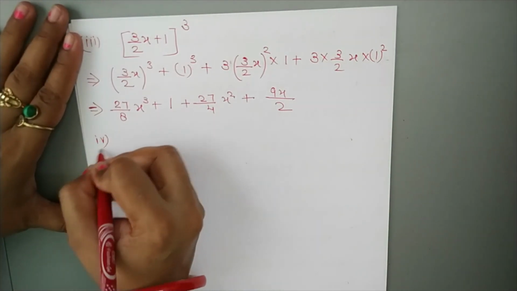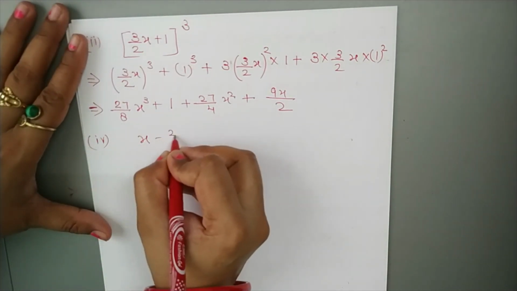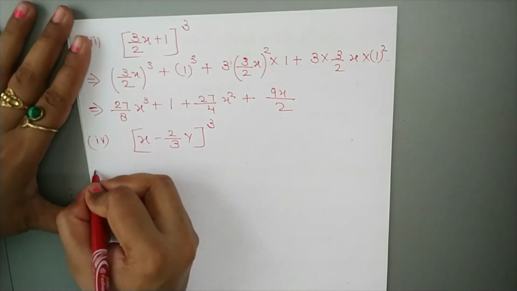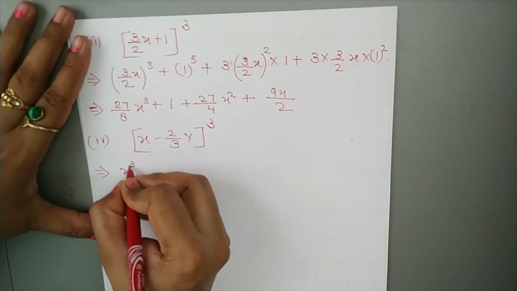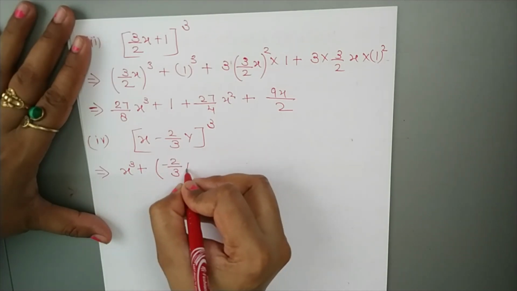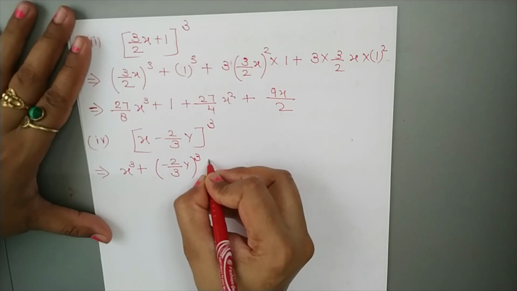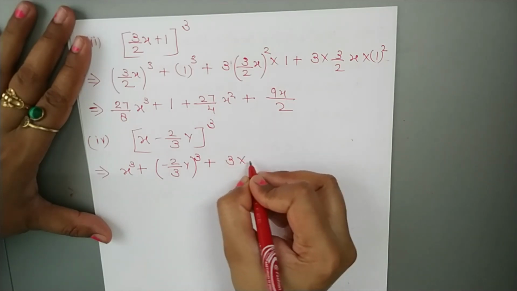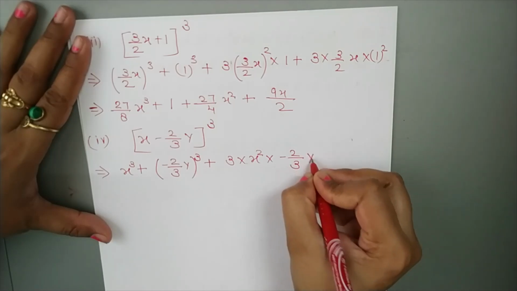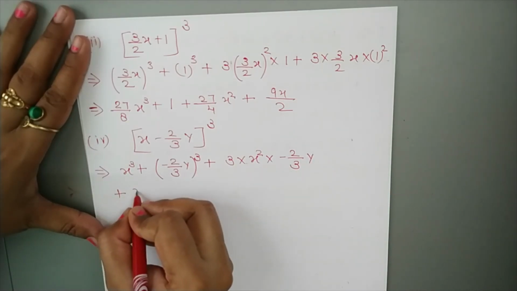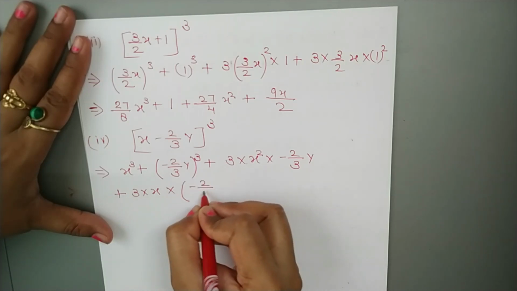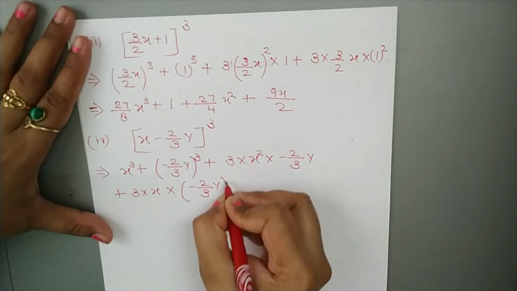Now move on to the fourth part, x minus 2 by 3y whole cube. So it will be x cube plus, this will be minus 2 by 3y whole cube, plus 3 into x square, then minus 2 by 3y, plus 3 into x, then minus 2 by 3y whole square.